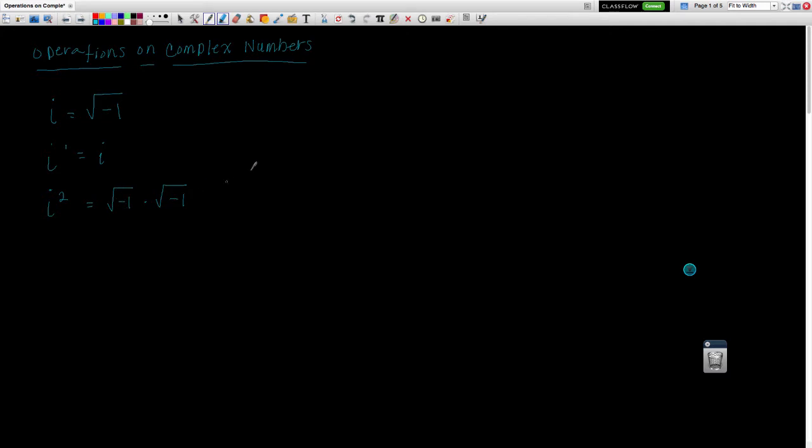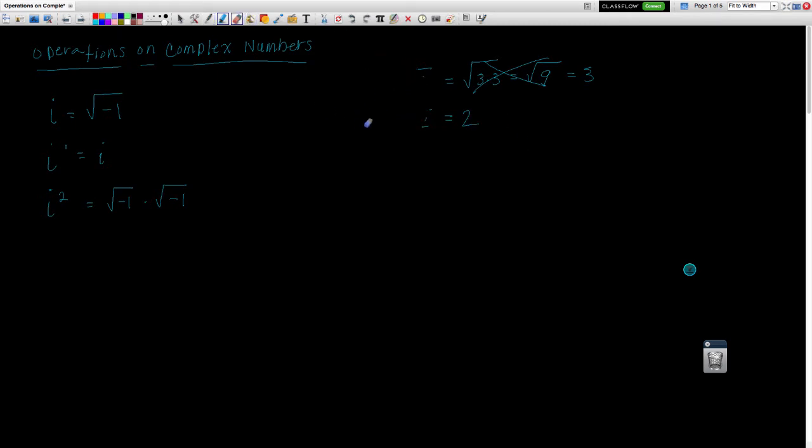And recall that, let me use one that's not negative numbers, the square root of 3 times the square root of 3 is the square root of 3 times 3, which is the square root of 9, which is 3. Similarly, the square root of 2 times the square root of 2 is 2.